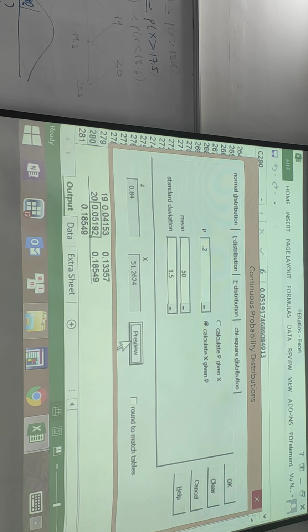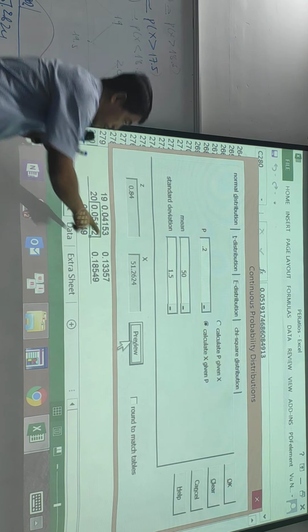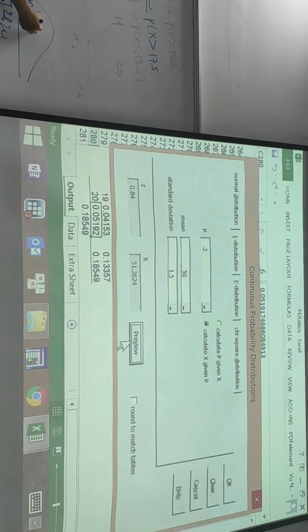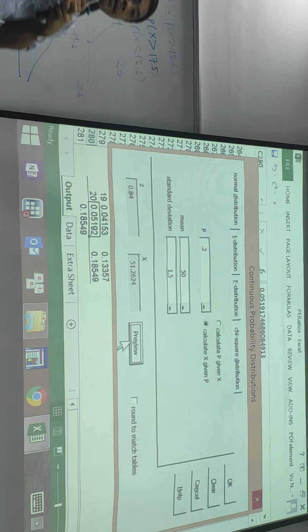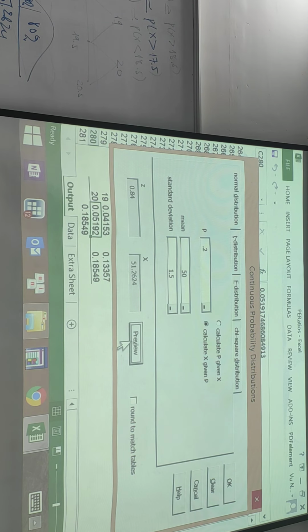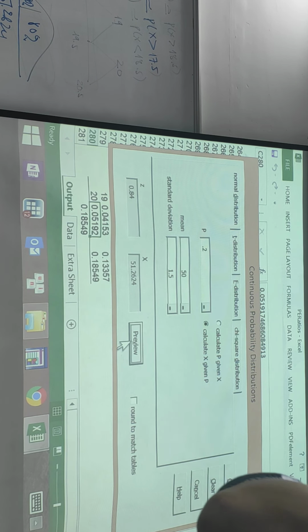We have z of 0.84 and X is 51.2624. This is the value so that the left side will be 20%. This helps you find out the value of X.